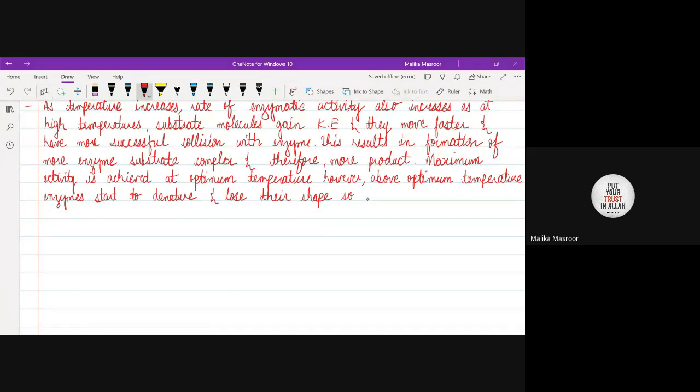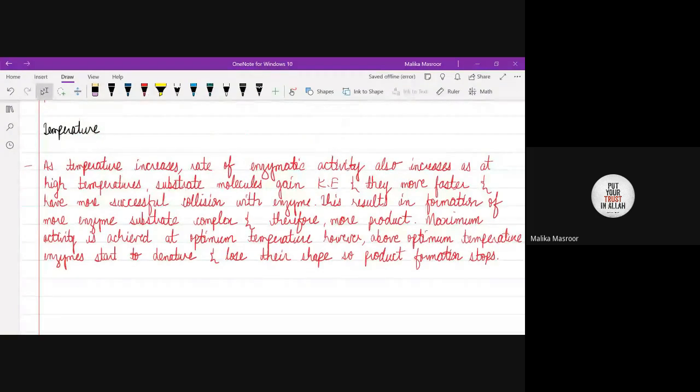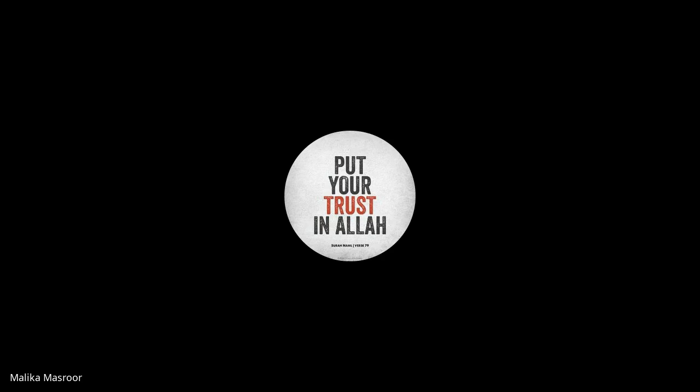So product formation stops. Is this clear? Let me just copy a graph and show you what it looks like.